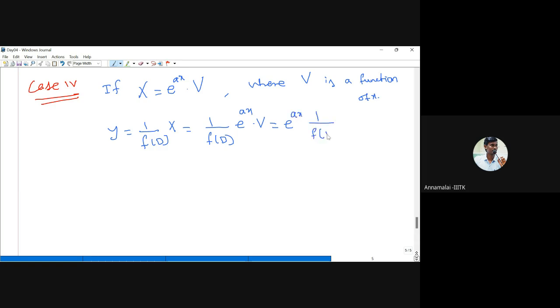Therefore, we get 1 by f of D plus a into V. So you have to replace D by D plus a if you take e power ax outside.